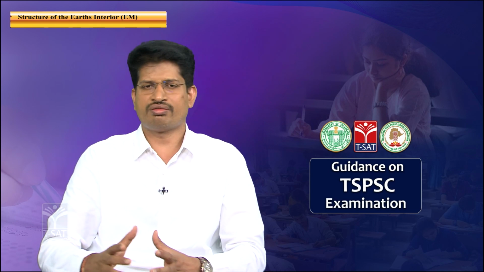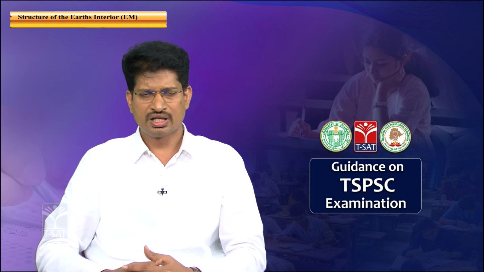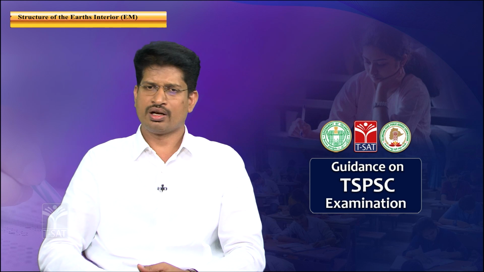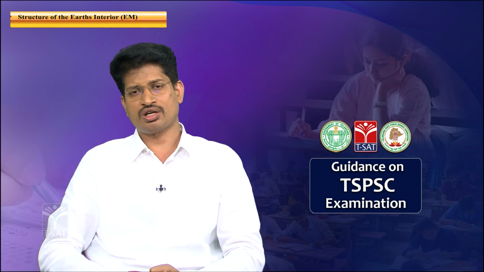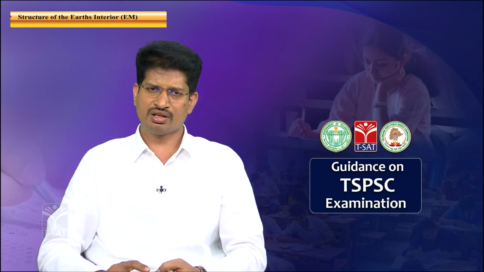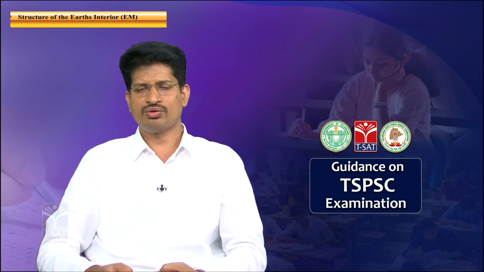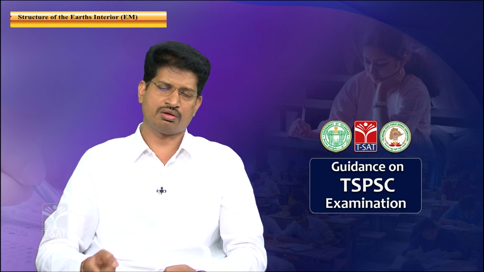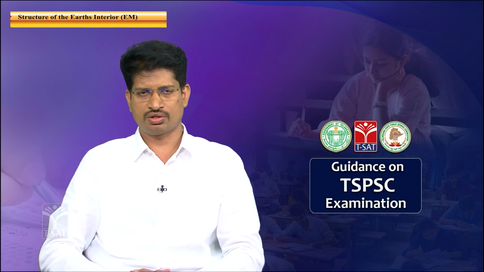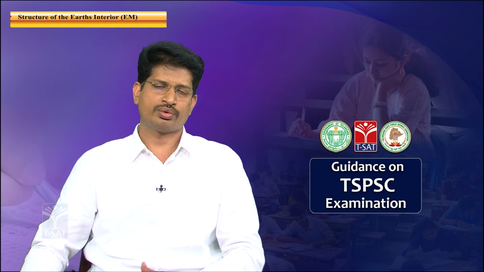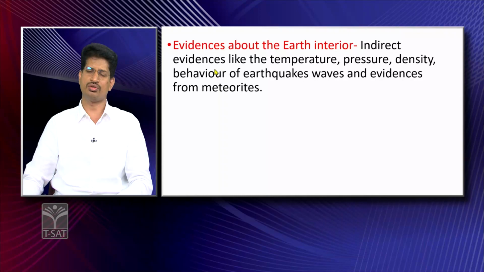When the state of the layer varies, if it is a semi-solid layer or a liquid layer, certain waves pass through liquids, but certain waves don't pass through liquid. So the velocity of the waves and whether they pass through certain layers or not determine the nature of the earth's interior. Let us go point by point to make you aware how the layers of the earth's interior exist.